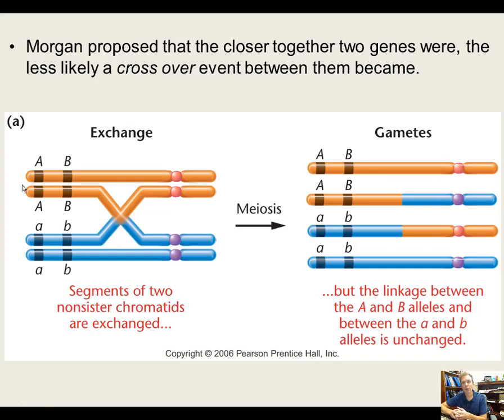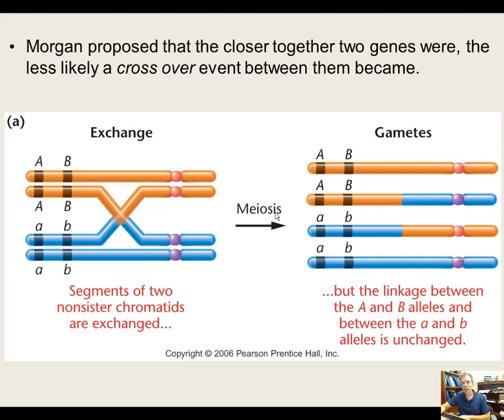That's because recombination will occur at random spots along the length of a chromosome. And so two genes that are tightly linked will rarely have recombination. For example, this picture shows a recombination event that does not mix up the big A and big B alleles.